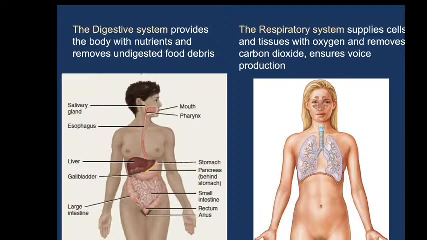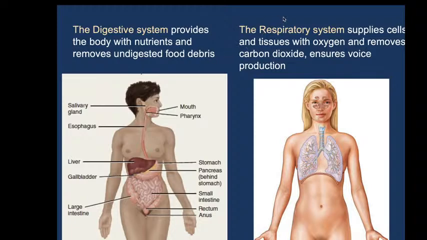More about the digestive system. It provides the body with nutrition and removes undigested food. That is the same as what I said before. When we eat something like milk, meat, bread, and after the digesting process, some food debris gets out of the body with the digestive system organs.